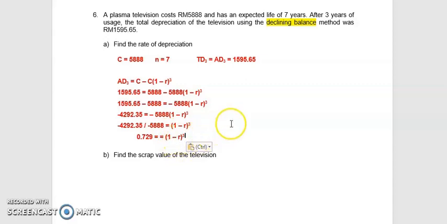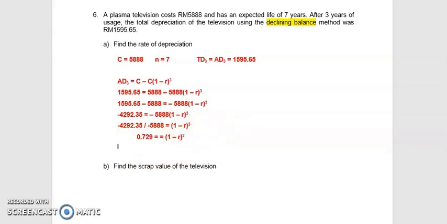Now we want to find value R. Bring power of 3 to left hand side. If you bring the power to left hand side, it becomes cube root. So here cube root of 0.729.